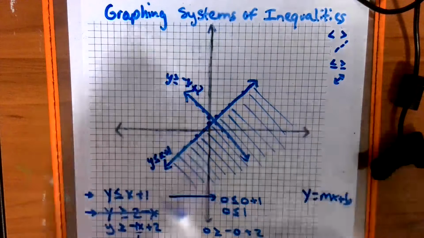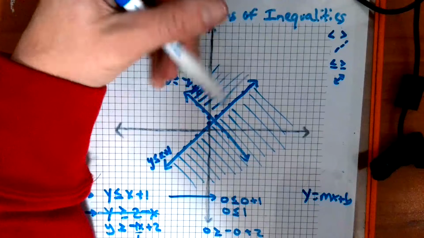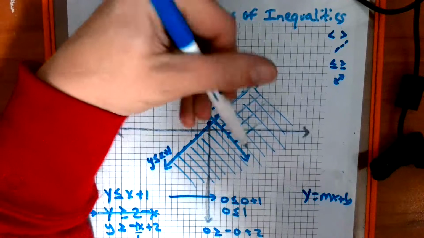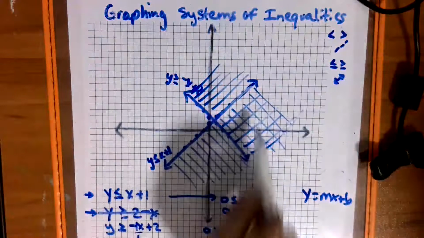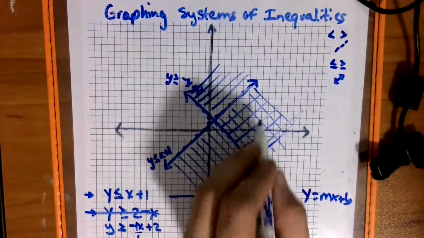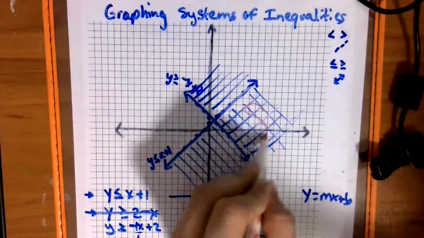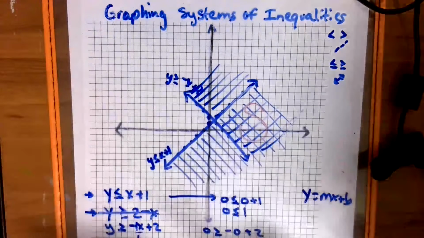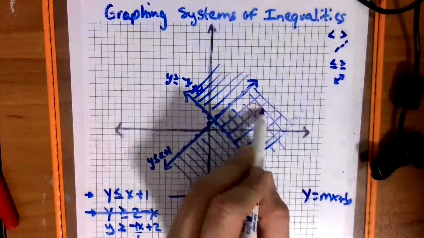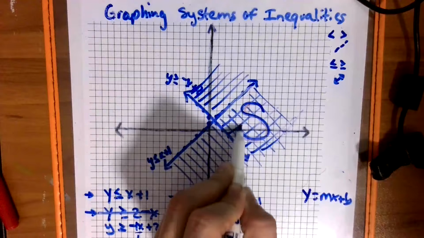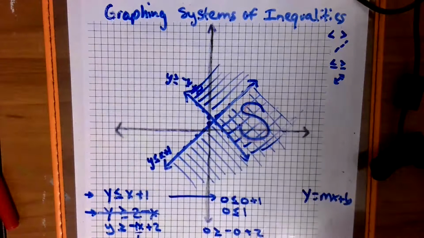So we got to shade up. So I'm going to go like this. And where they double cross, that's the solution set. So this is the double cross section. So this section is the solution. I don't really like that marker very much. So I guess we're just going to go with this blue one again. So this section is the solution to that set of inequalities.